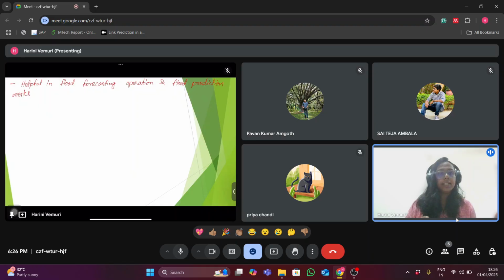So if we have data in the upstream part of the channel, like forecasting data or any other real-time data at the upstream location, the flood won't be reaching the downstream part immediately. It will take some duration, maybe in hours, right? So using flood routing, we can know how much flood can reach downstream. And before it reaches, we will get an idea of how much flood it is going to bring. So we can do flood prediction.